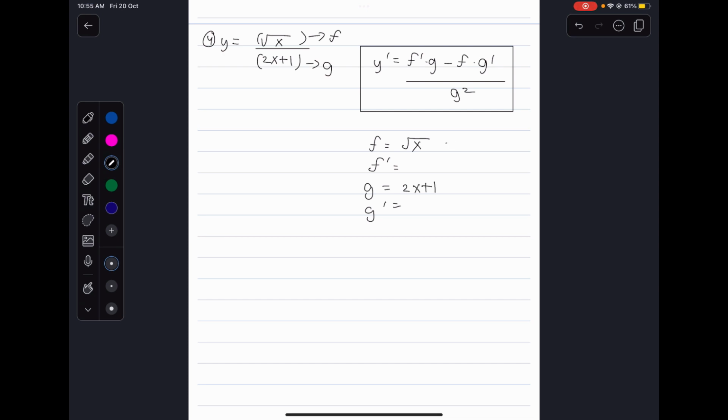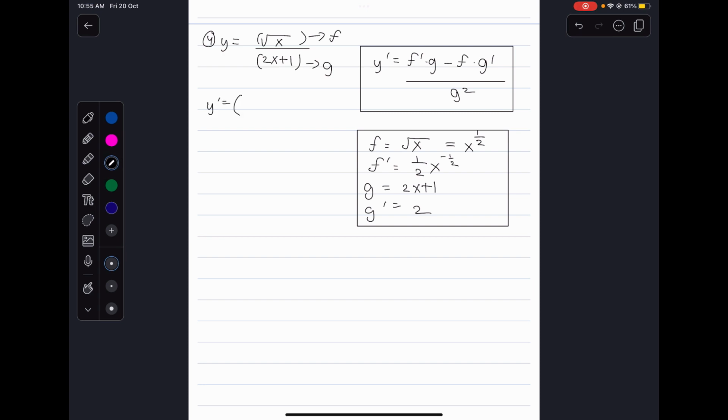You can also write square root of x as x to the power of 1 over 2. Derivative of x to the power of 1 over 2, we get 1 over 2 x to the power of negative 1 over 2. Then for g prime we get 2. Now we need to substitute these values into our equation.